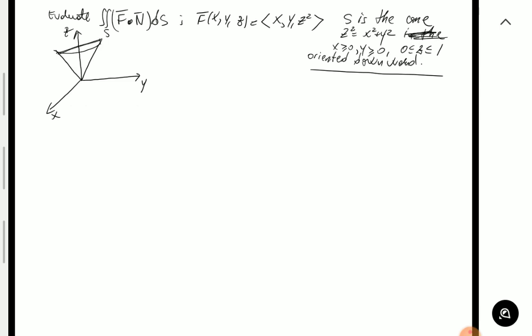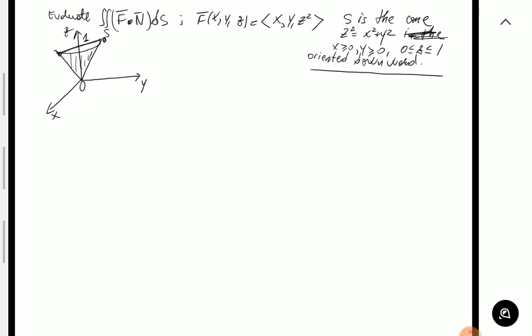It's basically connecting these two points on the xz and then on the zy plane. Let me see if I define it correctly, right? So x greater than 0, y greater than 0, and then z between 0 and 1. Okay, so this is the surface.